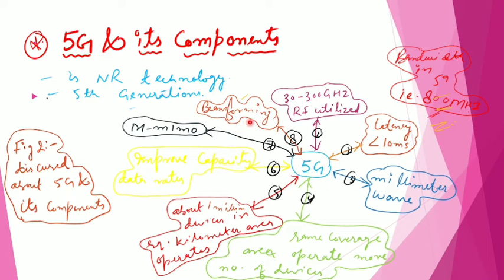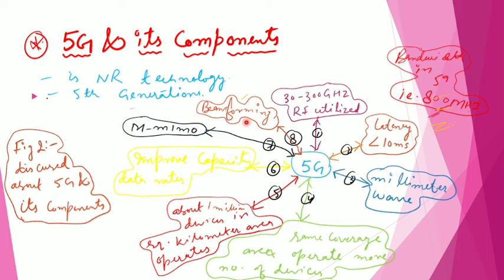Basically, beamforming is a technique where, when a user sends a communication request to the base station, the base station first receives the request, and then it transmits all the power focused on the requested user, in the requested user's direction, to serve only that particular user. So this is the beamforming technique.